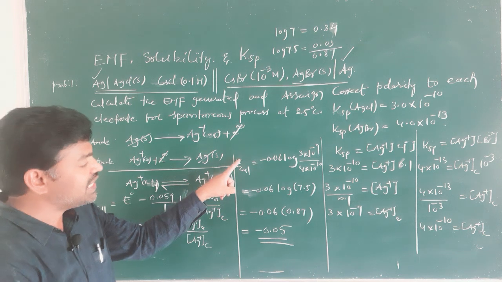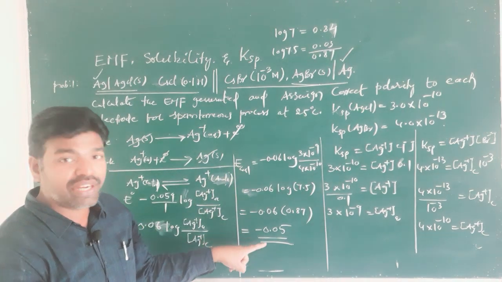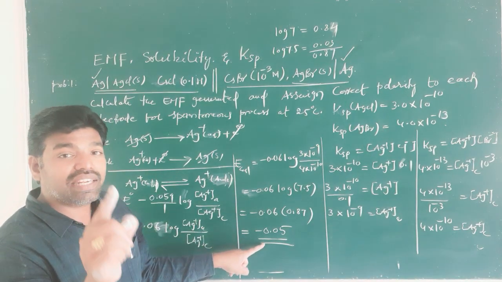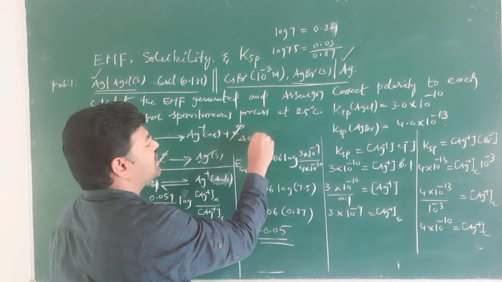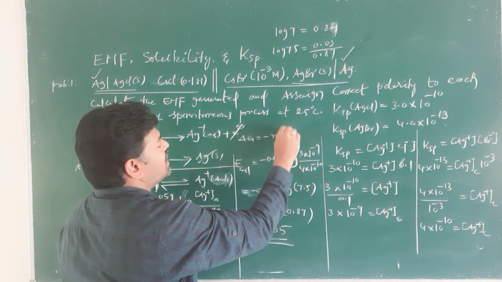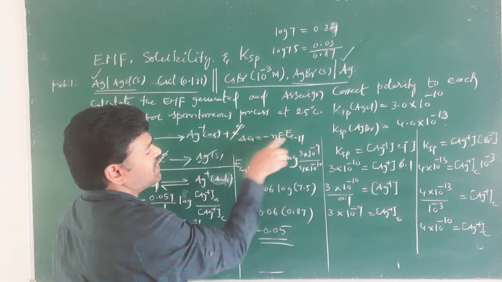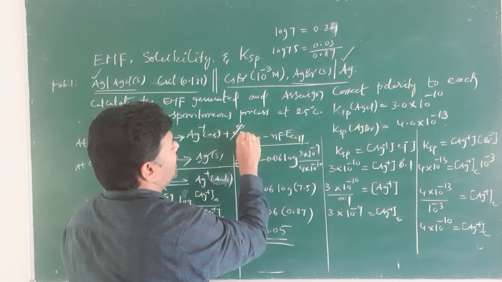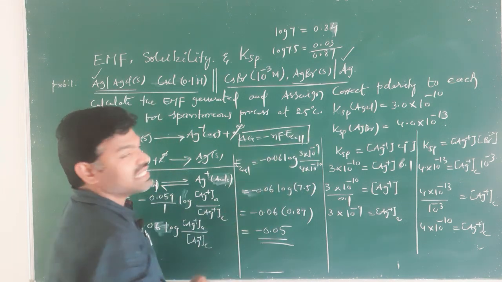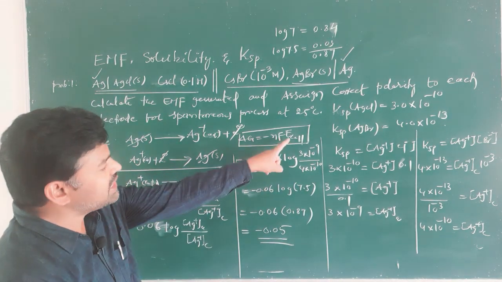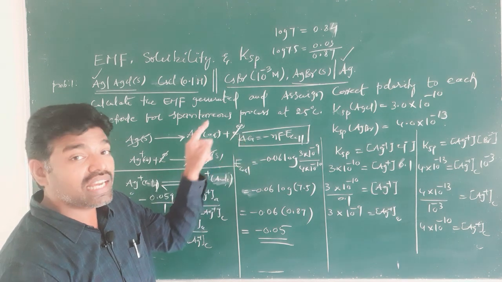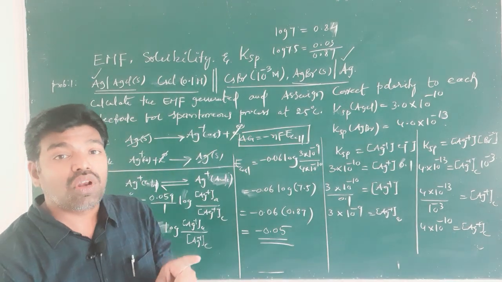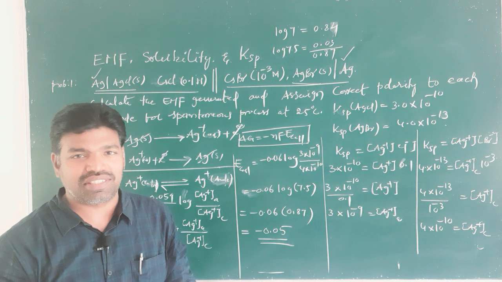Actually, when we get E cell value negative, then delta G becomes positive, because delta G is in relation with the E cell by the equation delta G is equal to minus nFE cell. So, E cell comes out to be negative, so delta G becomes positive. Delta G is positive, that is a non-spontaneous process, right.